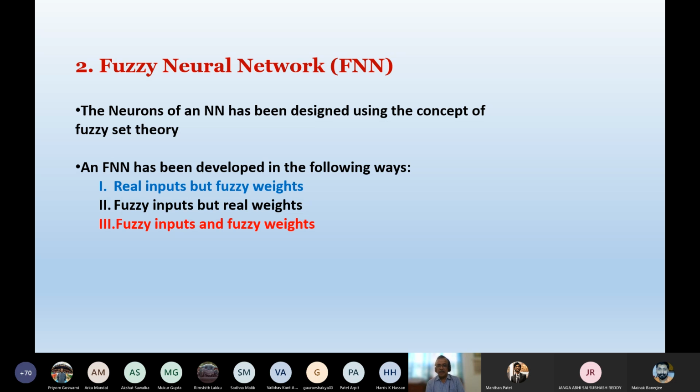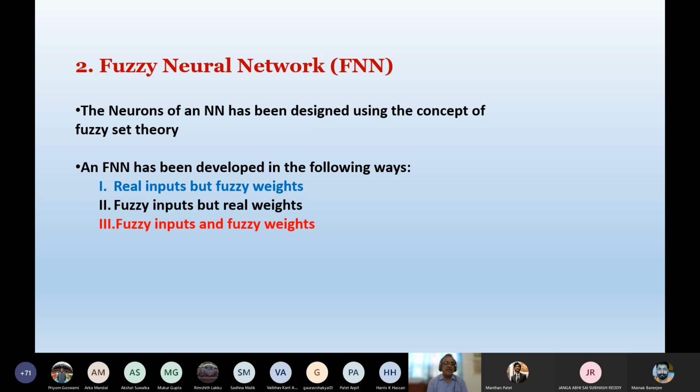A few years ago, I had one MTech student from the computer science department here. I was a joint guide, and we developed one fuzzy neural network to solve some problems related to robot motion planning. But we did not publish that paper because the student left. That manuscript is still unpublished, and now I will not be able to find a trace of it.